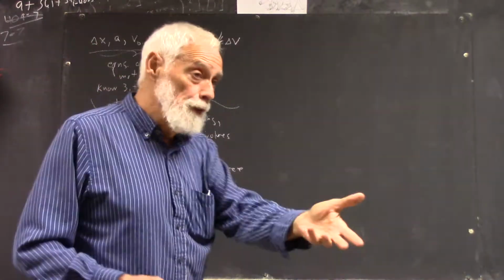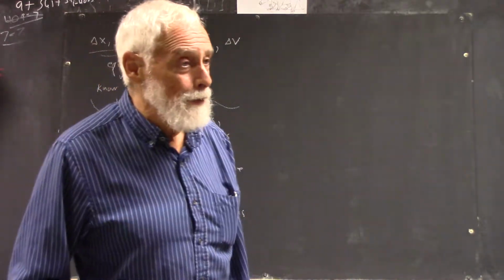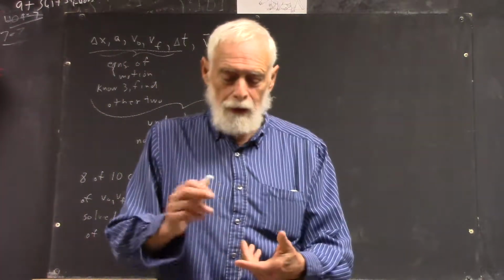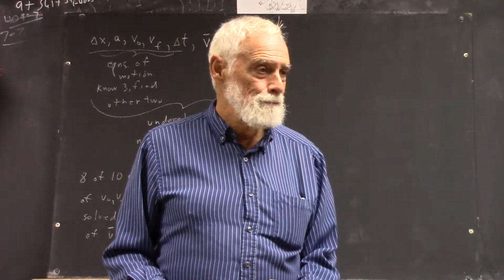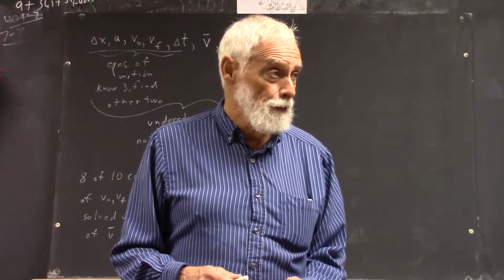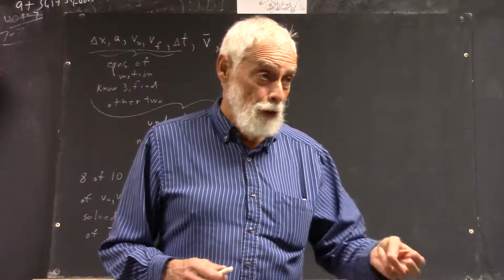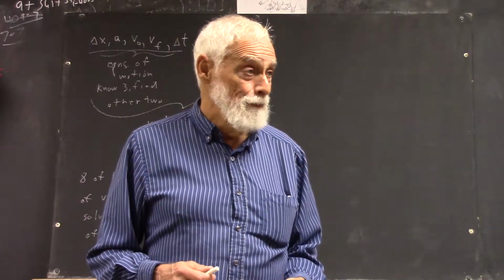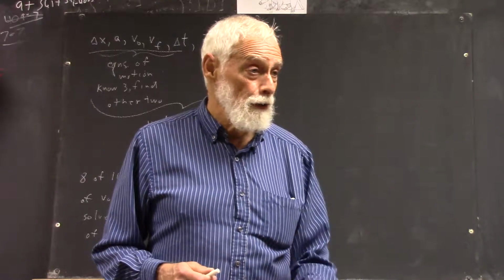So we could solve this problem by hitting it with that sledgehammer and say, okay, initial velocity is unknown, final velocity is 0, right? Time interval we know, 1.5 seconds, and we know how far it goes.